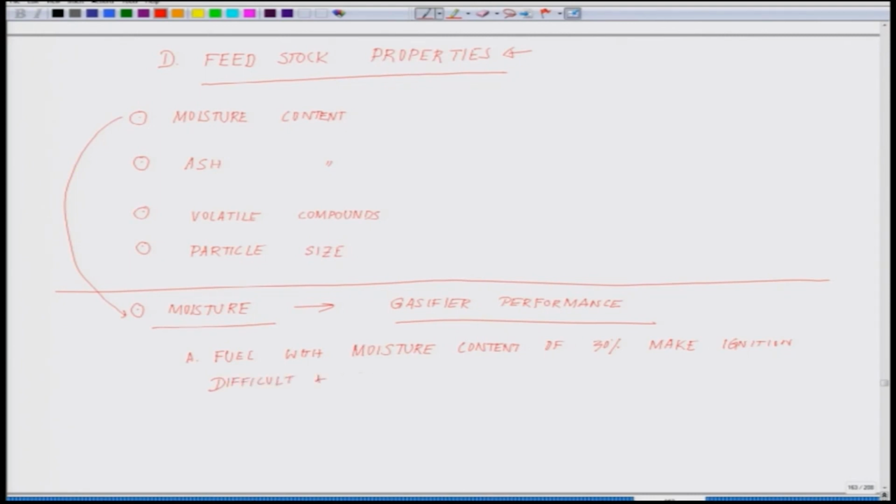Difficult and have, I am just putting a downward arrow for the low calorific value, okay, of product gas. So, one has to ensure that this level is below 30%, okay, due to the need to evaporate the additional moisture before combustion.